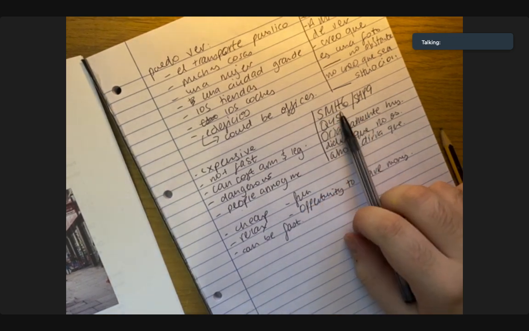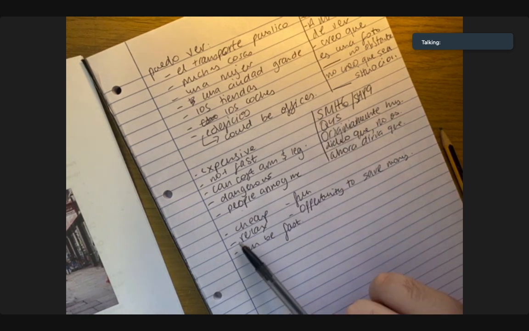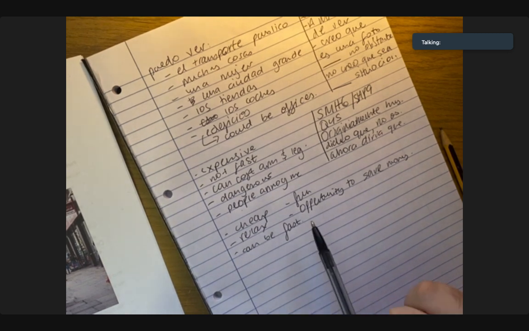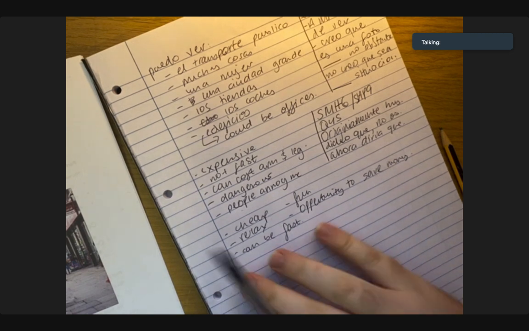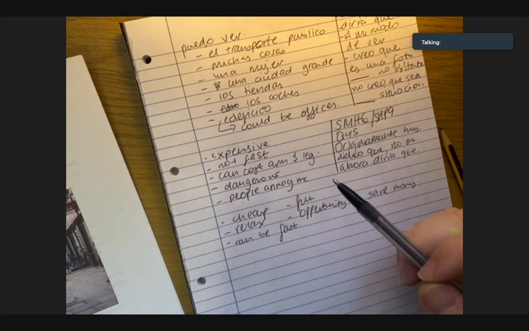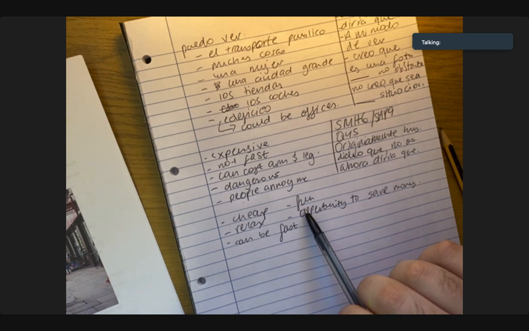Siempre me ha gustado el transporte público. I've always liked public transport. Dado que siempre he pensado que es barato y ofrece la oportunidad de ahorrar el dinero. It offers the opportunity to save money. Además, si tuviera mencionar algo más, if I had to mention something else, diría que es muy divertido para los jóvenes.